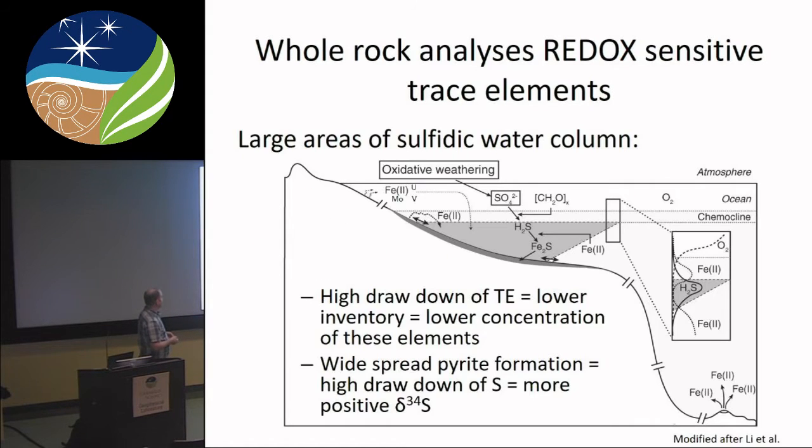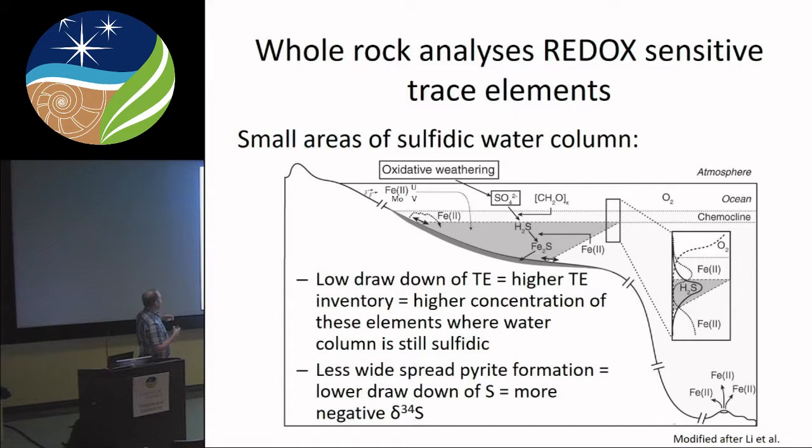So this means that if a large area of the ocean has a sulfidic water column, there's a high drawdown of these redox-sensitive trace elements. So in areas where you have pyrite formation and black shales being deposited, because there's a high drawdown, it's going to be relatively low in these elements.